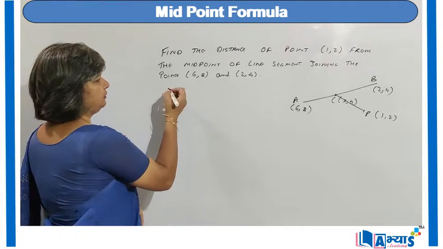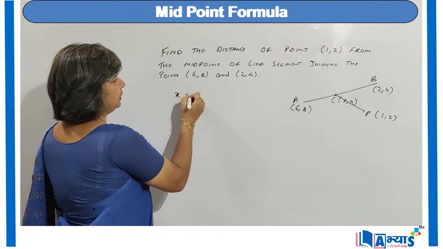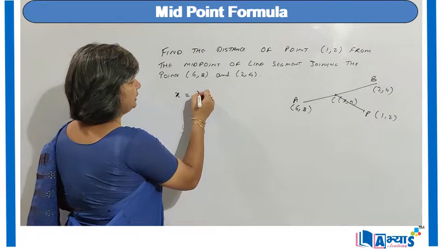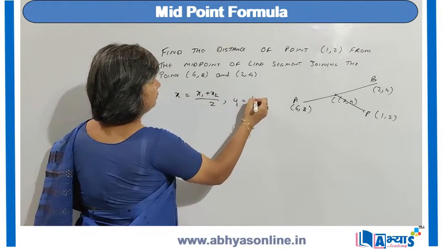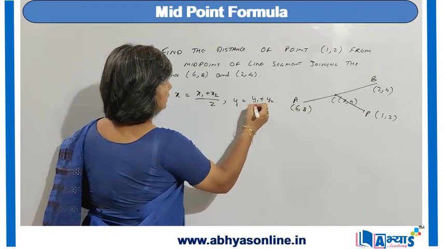As we know, the midpoint formula is x equals x1 plus x2 divided by 2, and y will be equal to y1 plus y2 divided by 2.